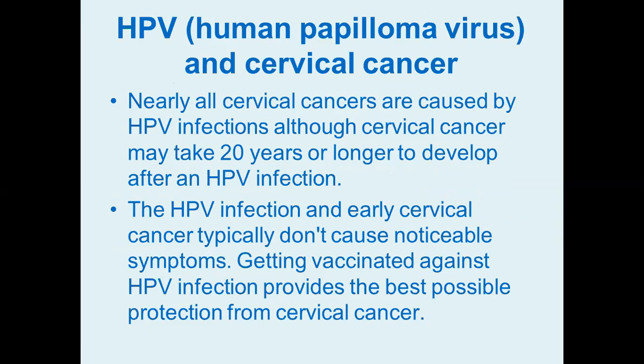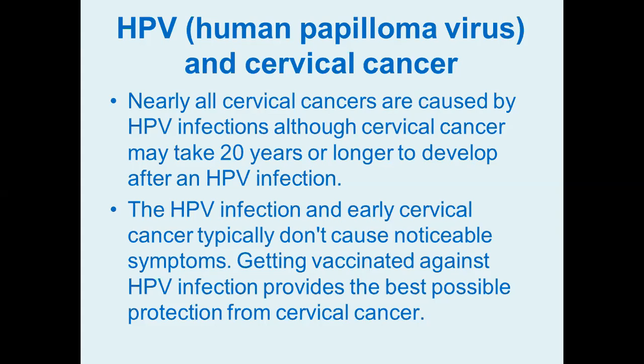So nearly all cervical cancers are caused by HPV infections, although cervical cancer may take 20 years or longer to develop after an HPV infection. The HPV infection and early cervical cancer don't cause notable symptoms. And this is the problem with cervical cancer.